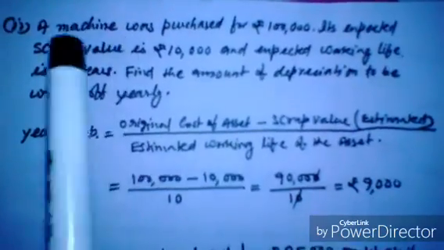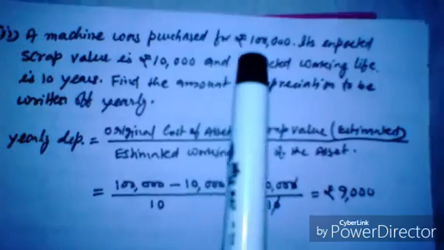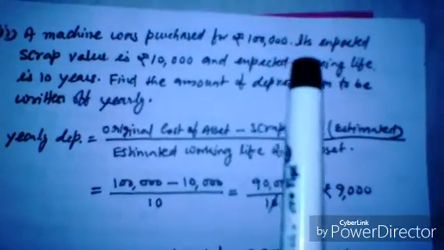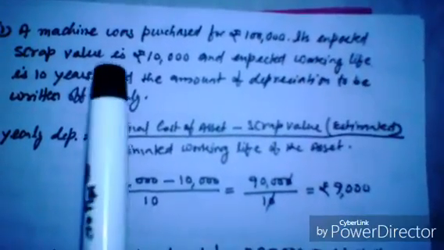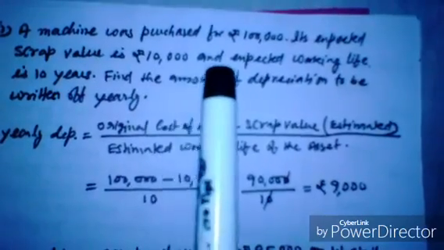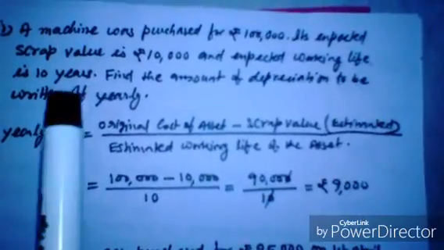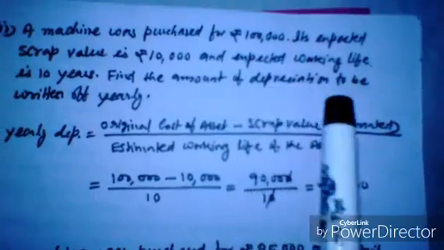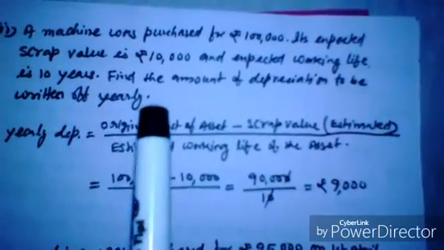Now see another example. A machine was purchased for rupees 100,000. Its expected scrap value is rupees 10,000 and expected working life is 10 years. Find the amount of depreciation to be written off yearly.